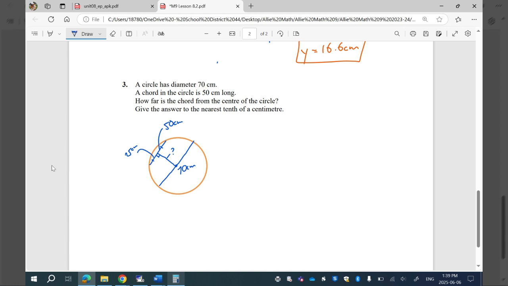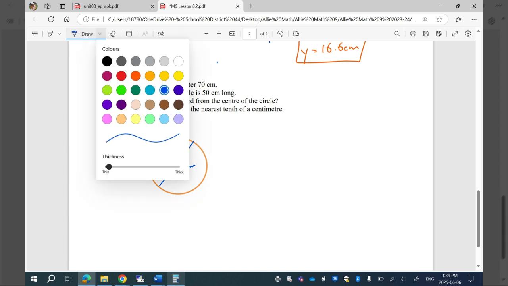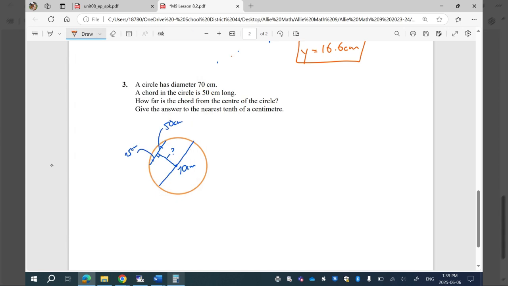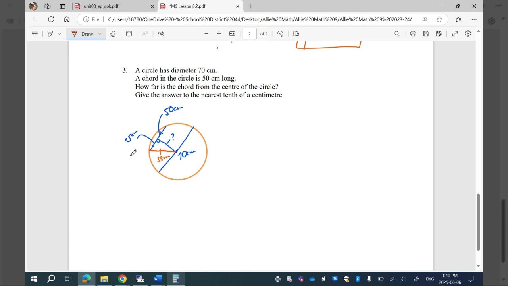So how do we find the other length? Well, we can make another line that goes from our center to the outside of the circle. We can make a radius, and we know the radius is half of the diameter, so that's going to be 35 centimeters. So now we have the hypotenuse, we have a leg, and we need to find the other leg.